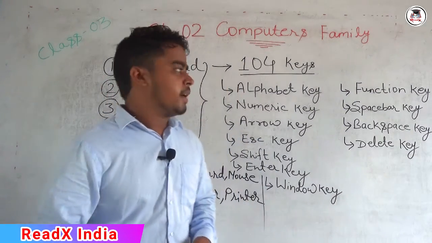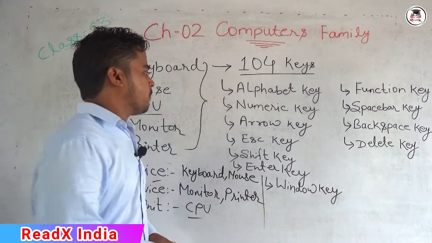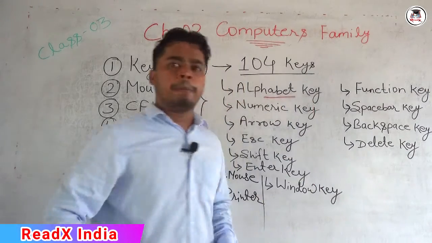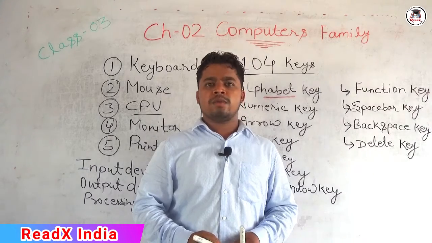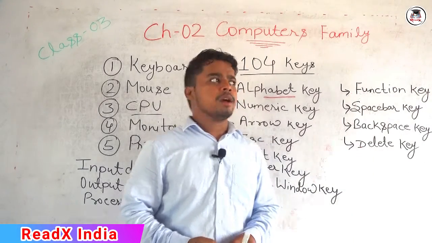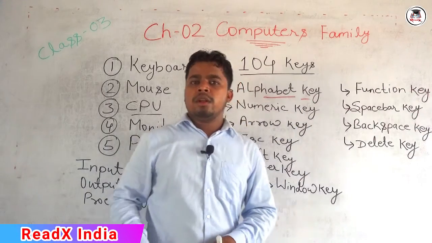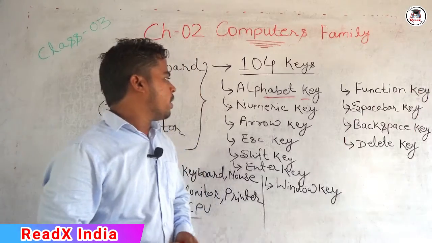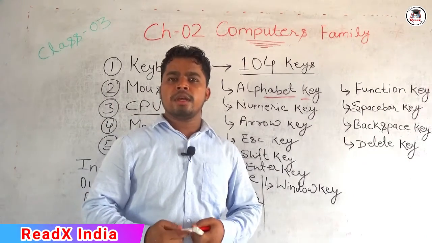Students, let us see all these keys one by one. First of all we will see the alphabet keys. Under this there are 26 alphabet keys, A to Z. The next key we have on our keyboard is the numeric key.